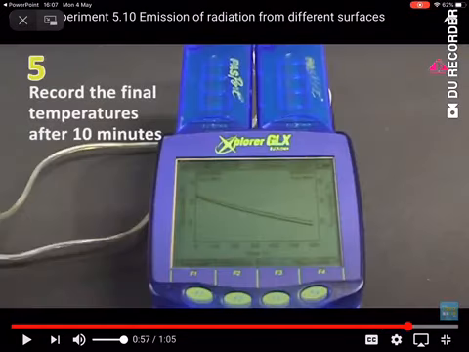So in here, after 10 minutes, you see that the line below will remain lower than the silvery line on top. So A will be dissipating the heat more, emitting the heat more, through radiation, giving out more heat.